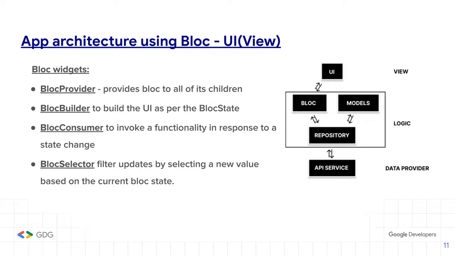So the way you can use BlocProvider and BlocBuilder is, the entire widget has to be wrapped with BlocProvider, so that when you enter that widget, you're going to make a call to the Bloc event to get all the data.